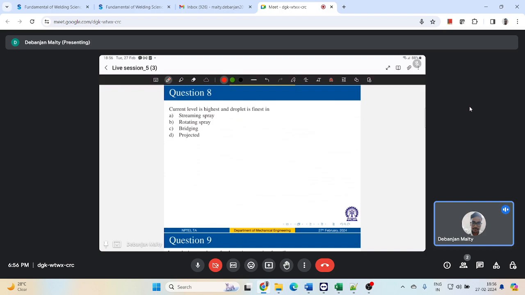After that, due to the pinch effect, you form the neck, and at that point your drop gets detached from the neck and transfers to the joint, right? Immediately the original gap is destroyed, and your arc voltage jumps to its normal value, right? And then your next cycle starts.